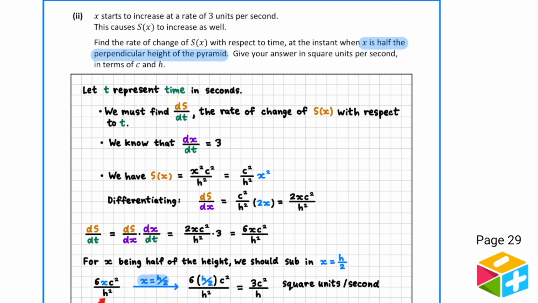So we'll want to take our derivative and sub in x is equal to h over 2. 6 divided by 2 is 3. And the h above the line will cancel with one of the h's below the line. This brings us to a final answer of 3c squared over h square units per second.